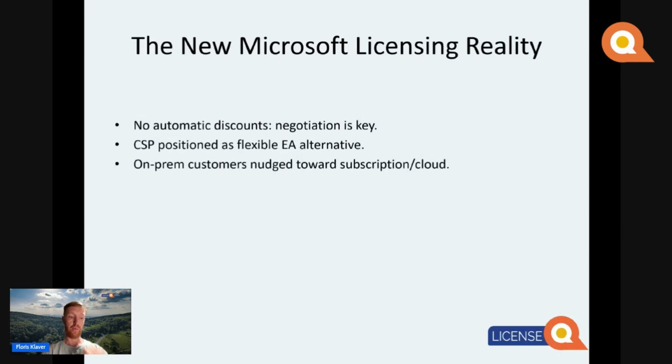Make sure you have a compelling story why you need to maintain the current pricing levels that you have, without pointing at a one-sided change that Microsoft has done, because what will the Microsoft sales teams do? They will simply tell you, "It wasn't me, it was the big bad boss. I'm just here to give you the news. I'm not sure I can do anything about this for you."